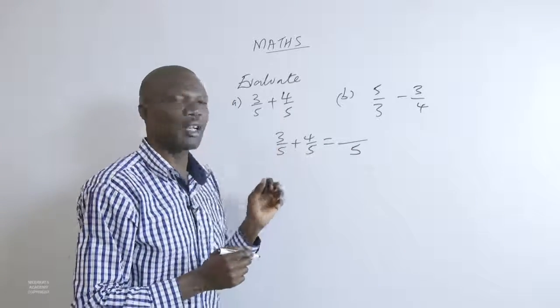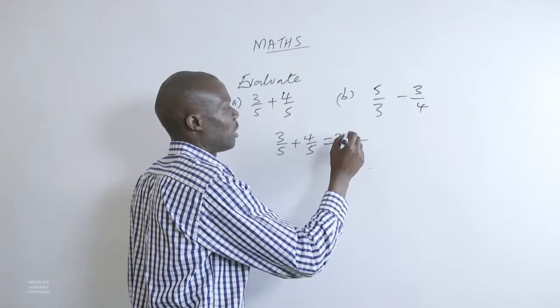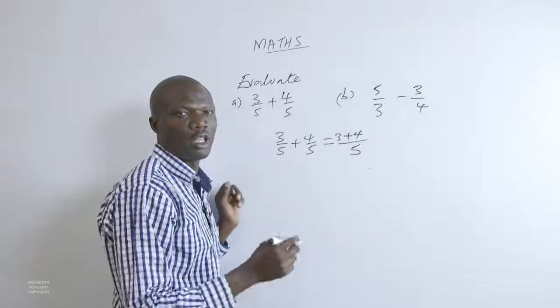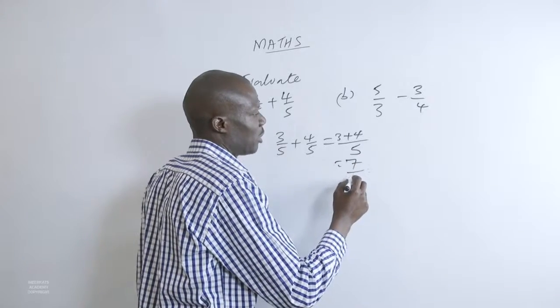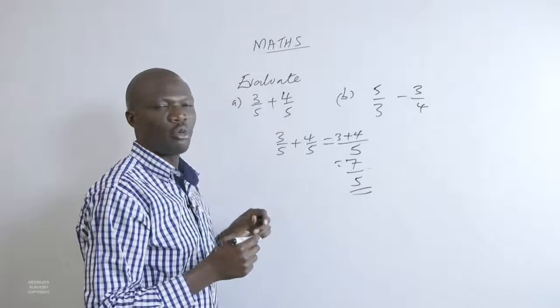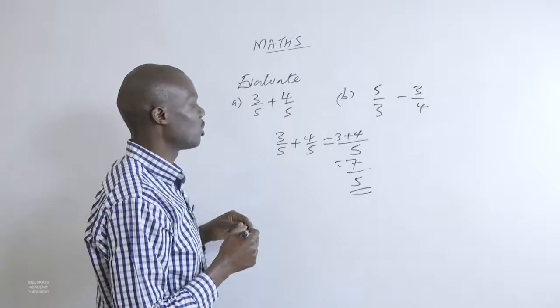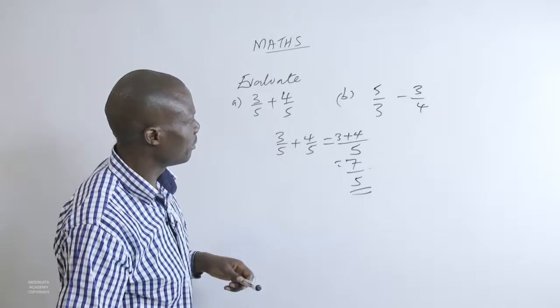And then, what are the numerators? We add them together. It is 3 plus what? Plus 4. 3 plus 4 is equal to 7. And then the denominator was 5. So we can simply say that when you add those two fractions, the answer becomes 7 over 5.